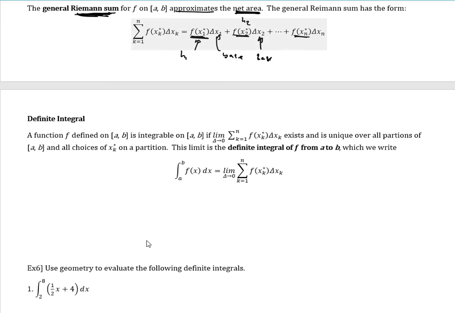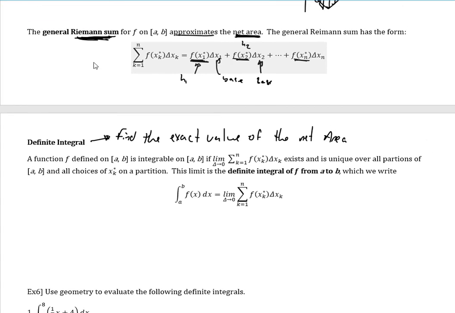But we're going to add to it right away what's called the definite integral. So the definite integral, let's put it right here up top, finds the exact value of the net area.